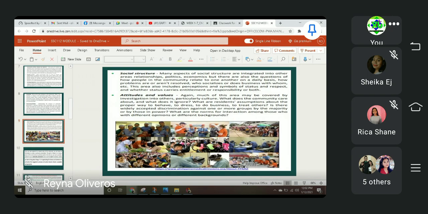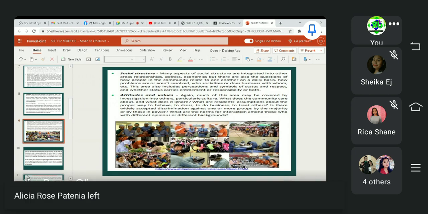Okay? Next, another aspect of community. Yan. Social structure. 'Di ba? So, sabi dito, many aspects of social structure are integrated into other areas and relationships, politics, economics, but there are also questions of how people in the community relate to one another on a daily basis. No?